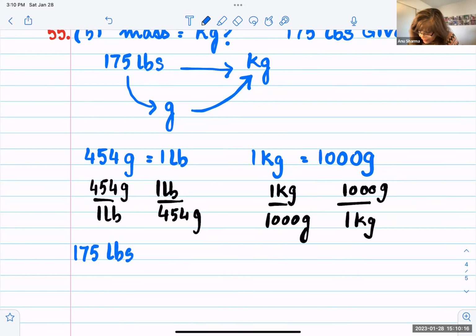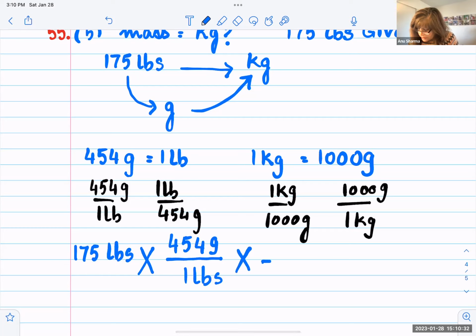So you need to get rid of the pounds first and convert them to grams. Obviously from here, you're going to use this 454 grams over 1 pound. That gets rid of the pounds. Next, you can go straight in one line and convert the grams to kilograms.